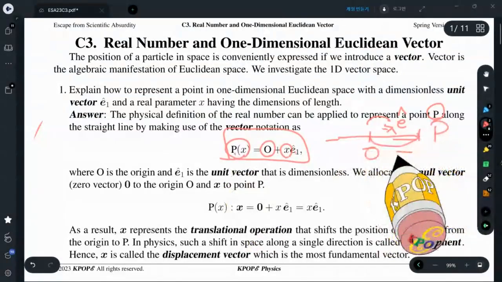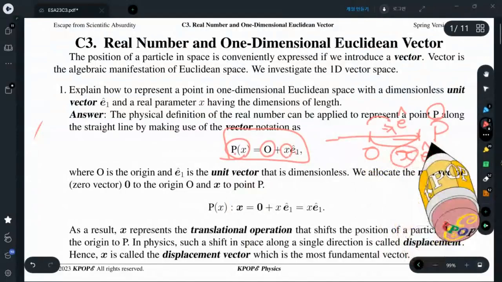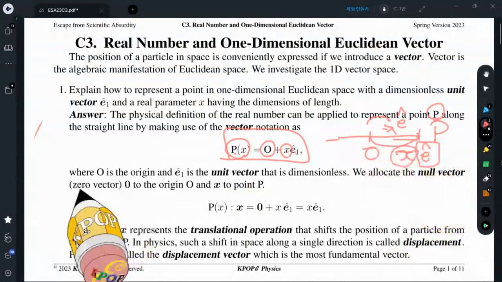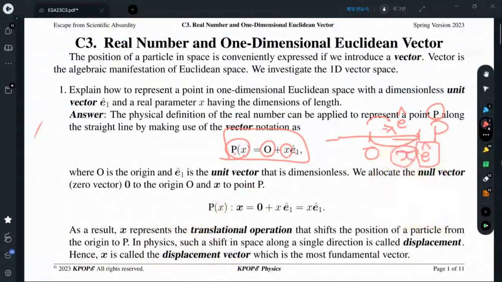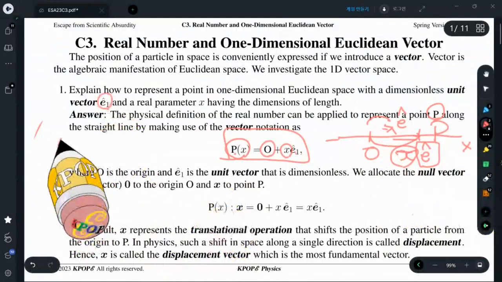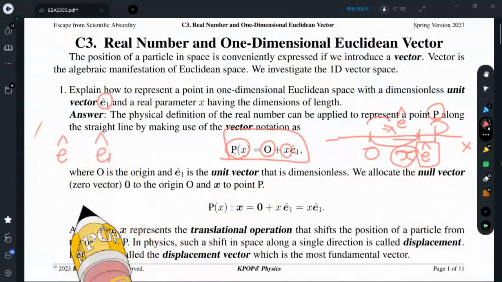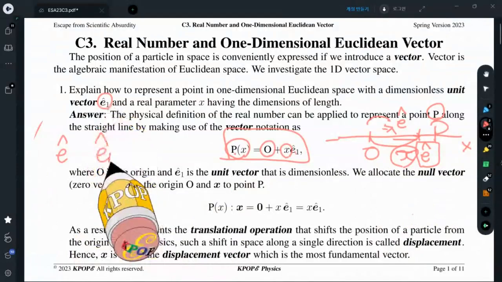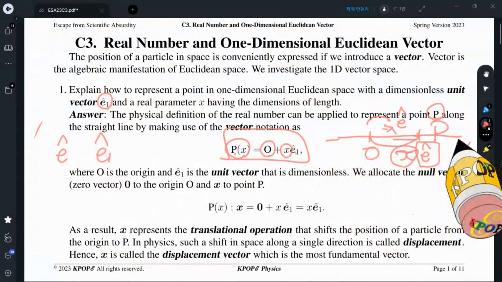And if I have some point P, then this is a distance. This distance is x multiplied by the unit vector. This is the distance, and this represents the direction. We remember this E is just one direction. We have the x-axis, so we can use E hat, either E hat or E1 hat. If I want to extend to two or three dimensions, it's better to attach the subscript 1 to denote this as the unit vector along the x-axis.